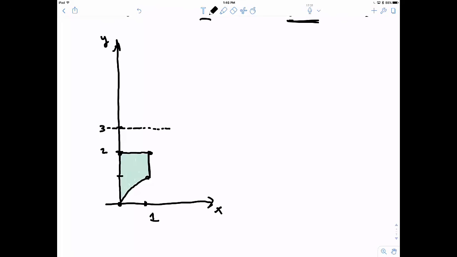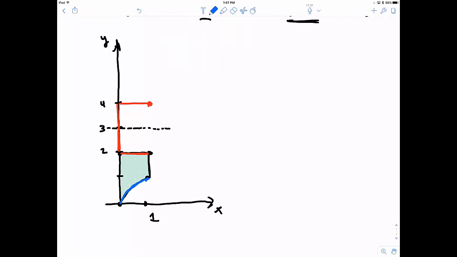And we're going to rotate this, like I said, about this line y equals 3. If I take this nice horizontal line and rotate it around y equals 3, it would be distance 1 away still, so it would look like this line up here.